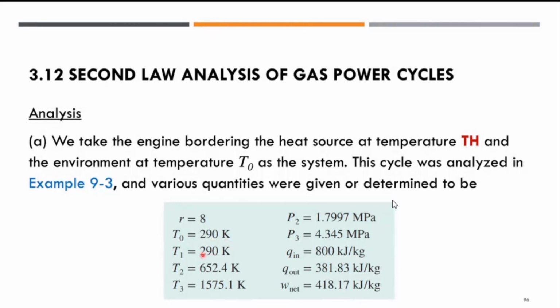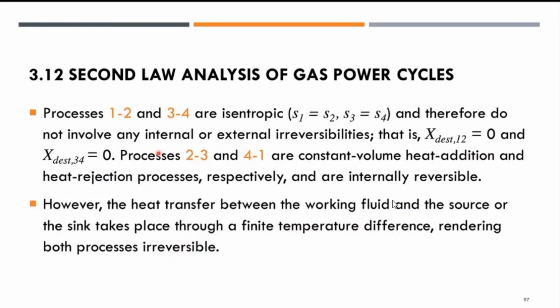T1 is also 290 Kelvin, and then T2, T3, and the remaining values. Processes 1 to 2 and 3 to 4 are isentropic, so the entropy is the same. S1 equals S2, and S3 is also equal to S4.